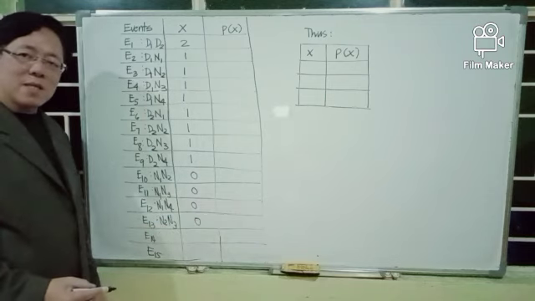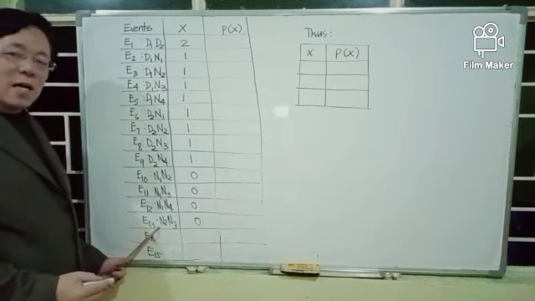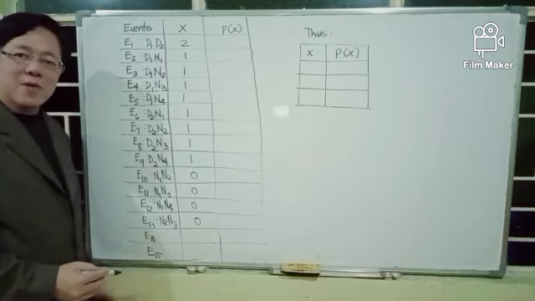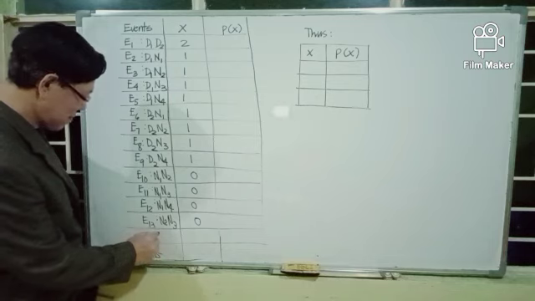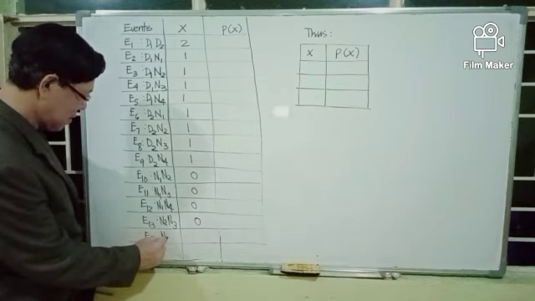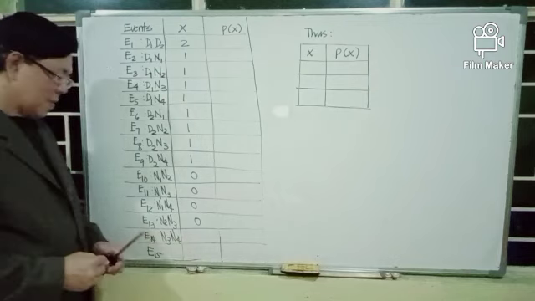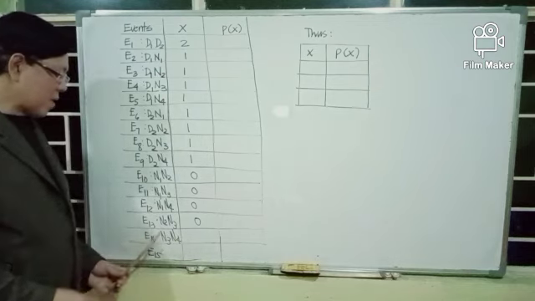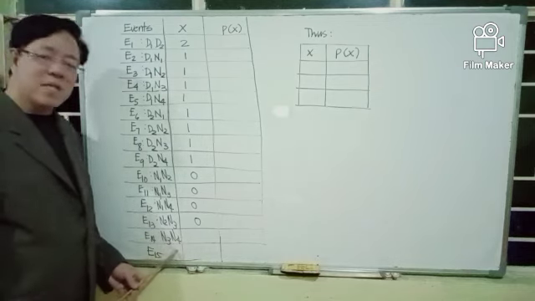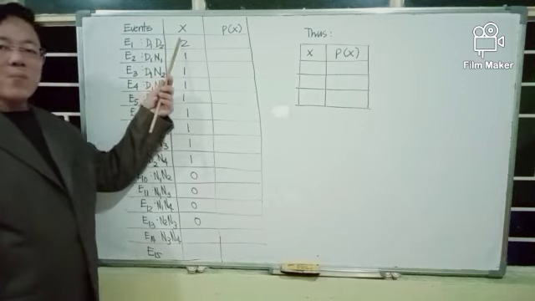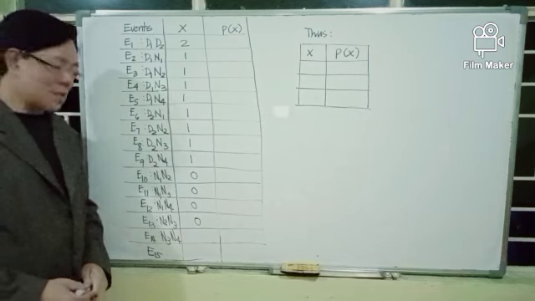Another possibility, the customer selected the second non-defective appliance and the fourth non-defective appliance. For this particular event where the customer selected the third and the fourth non-defective appliances, the value of the random variable x is 0.